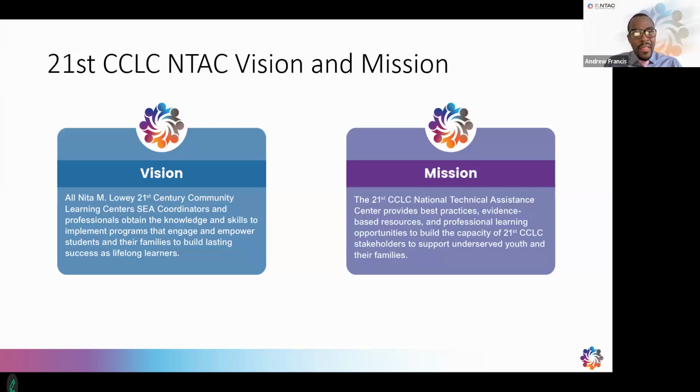And we do that through our mission, which is to provide you with best practices, evidence-based resources, and professional learning approaches like this one to build your capacity as a stakeholder in this particular system, and to support you as you work to support underserved youth and their families.